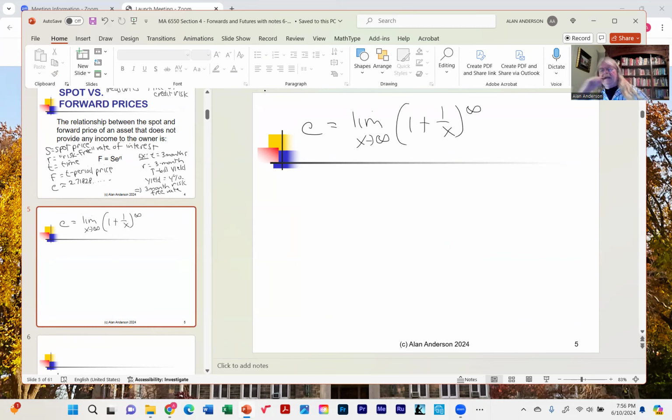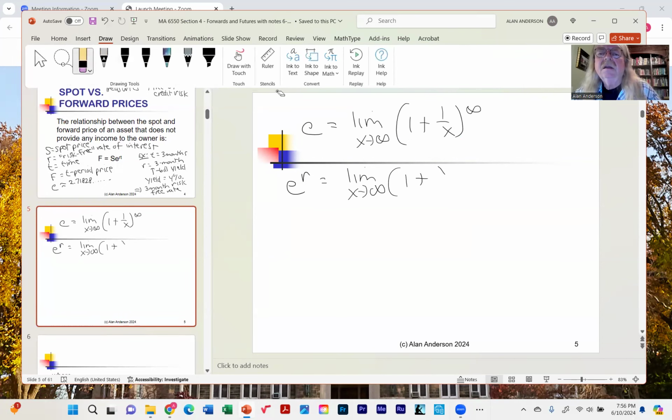Okay. And if e to the, let's say the R power, this one would be replaced with an R. Okay.